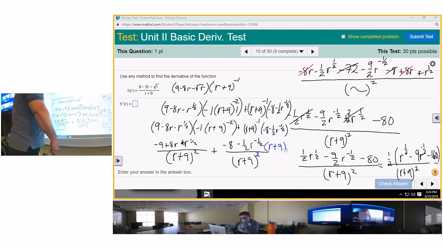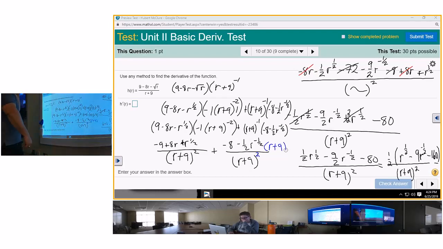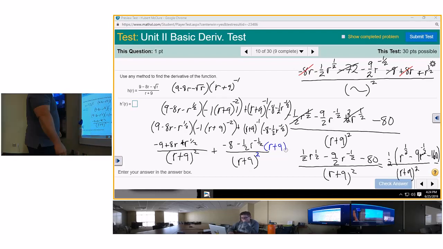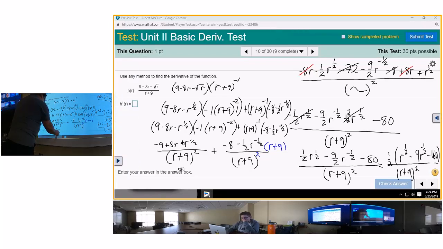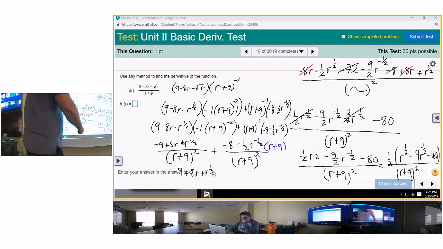We still got to do the FOIL method. So it's going to leave a cluster no matter what. And that's going to give us negative 9 plus 8r plus r to the 1/2. And then that's going to give us negative 8r.